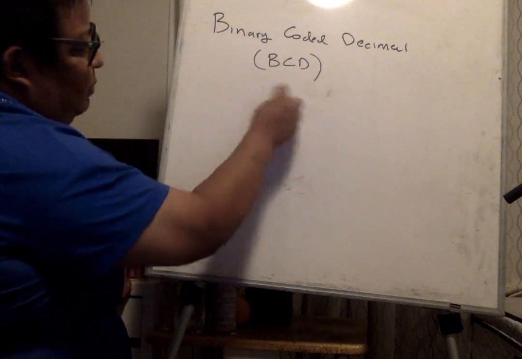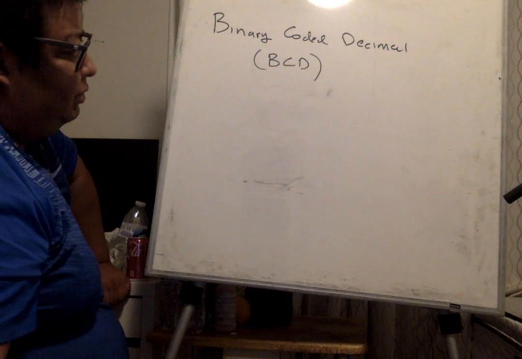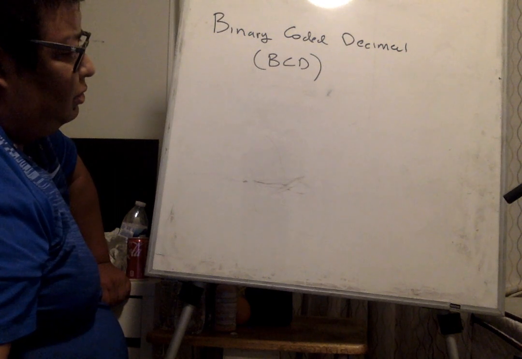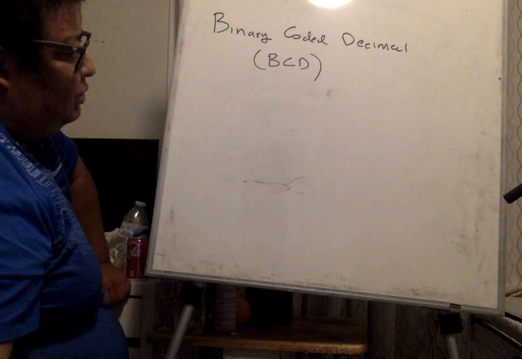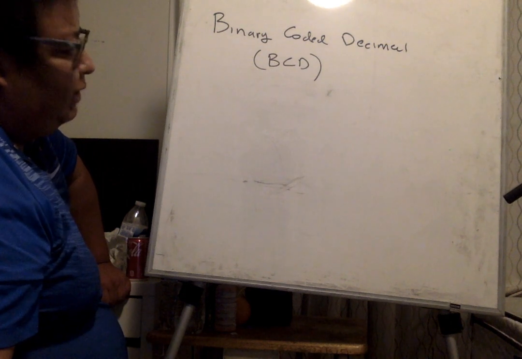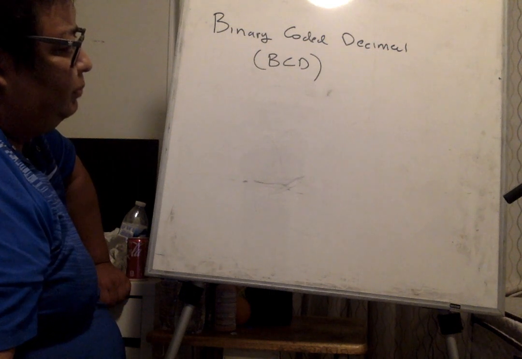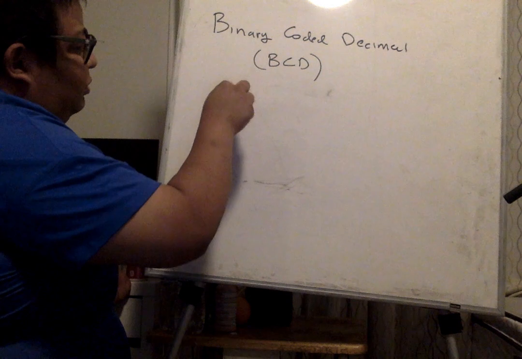Binary coded decimal, BCD, is a way of representing decimal numbers in binary. It's a numerical system.